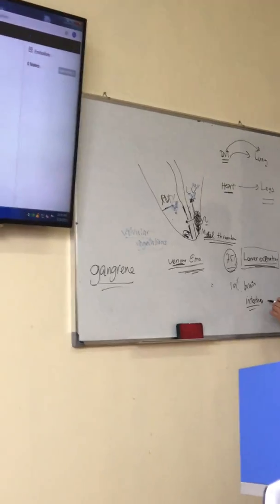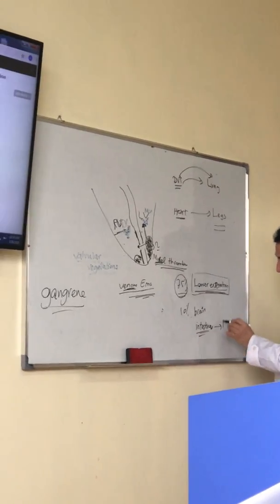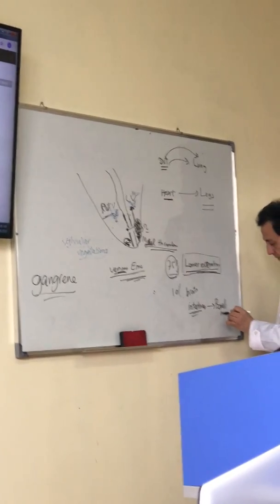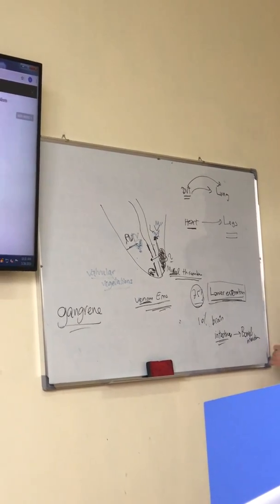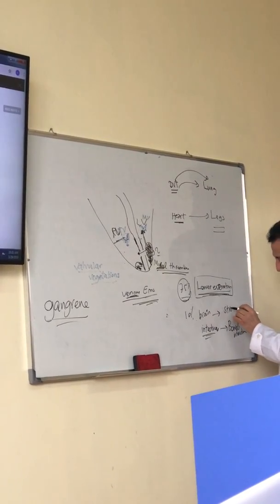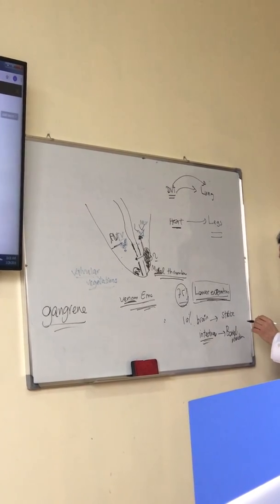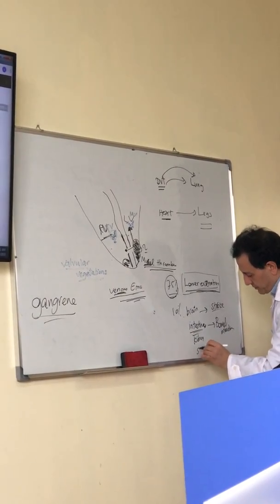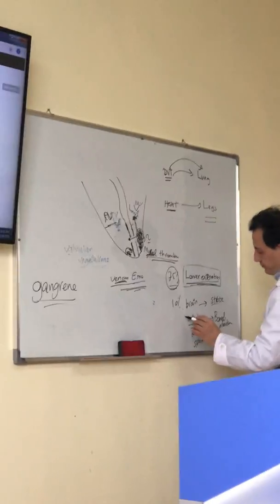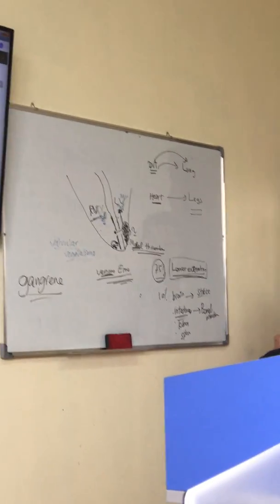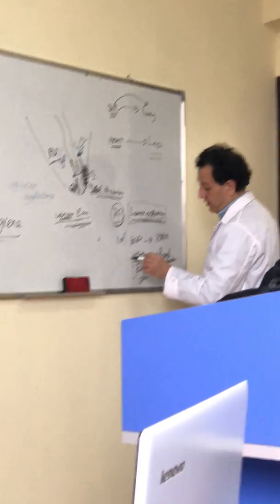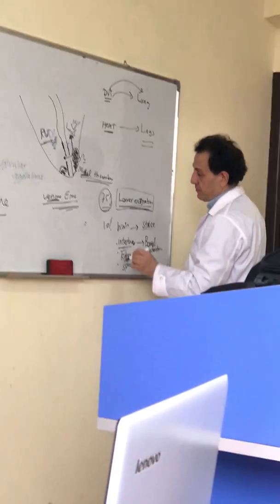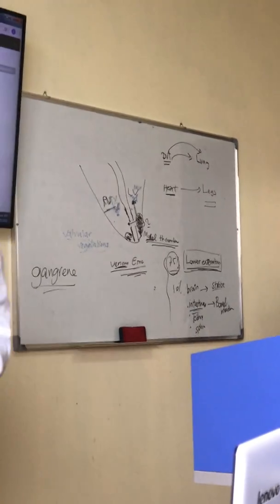Obstruction of the arteries to the intestines will cause bowel infarction. And stroke, or brain infarction, cerebral infarction, or to the kidney and spleen. So these are less common sites for arterial embolization from the heart. This is important to know, so that we can prepare some questions from this part.